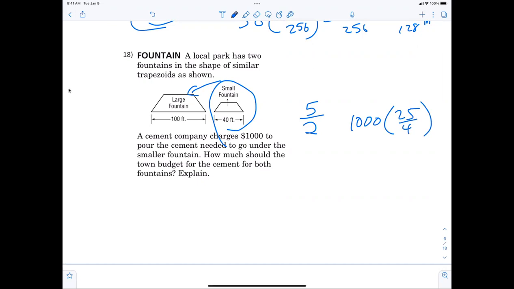All right, which is what? $6,250. Right, does everybody understand that? That's a nice little problem. Right, we don't care about the area. We know that it's 2.5 times larger. Anybody have any issues with that one?